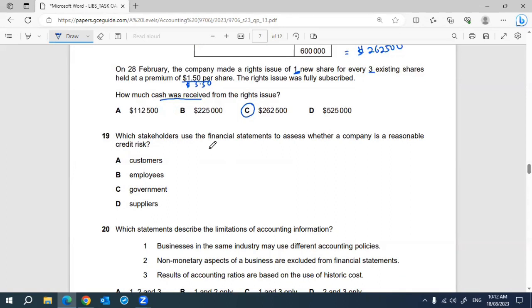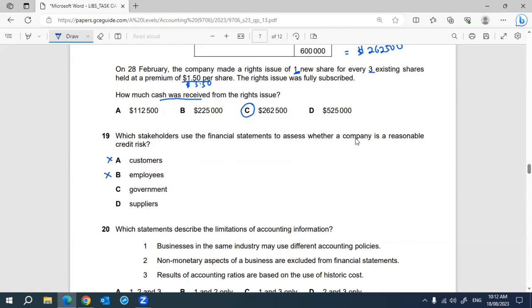Which stakeholders use the financial statements to assess whether a company is a reasonable credit risk? Okay, so this would apply to people who are looking at the risk, the creditworthiness of the company. They can't be customers, right?